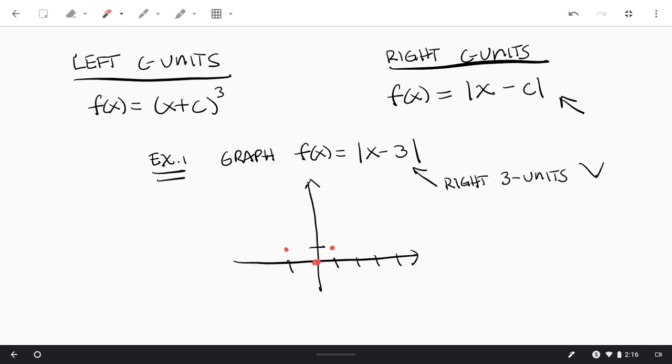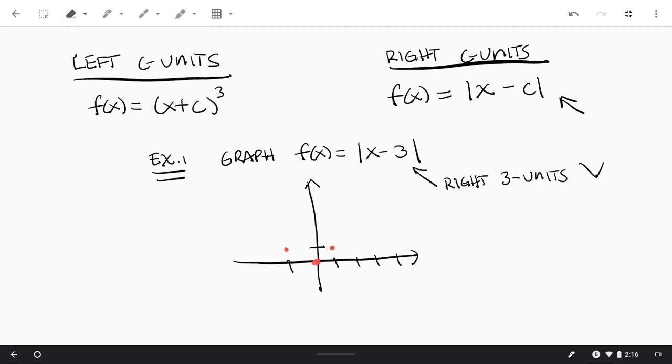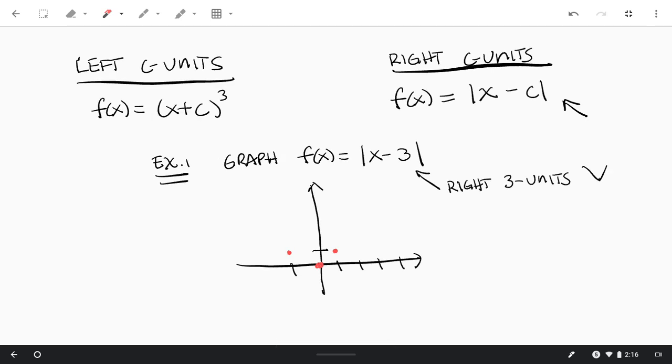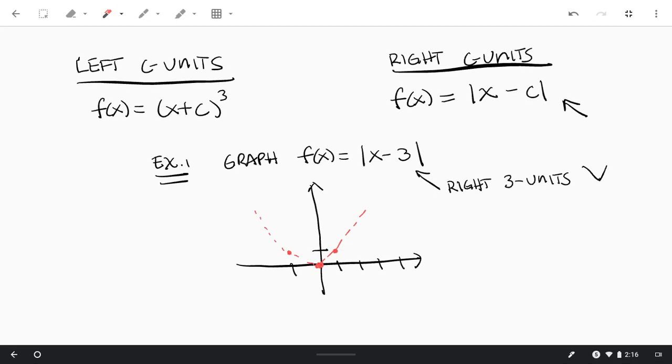And it's a V shape. Oops, you probably want to use a dashed line. So we have this V shape, and now we're going to shift it 3 units to the right.